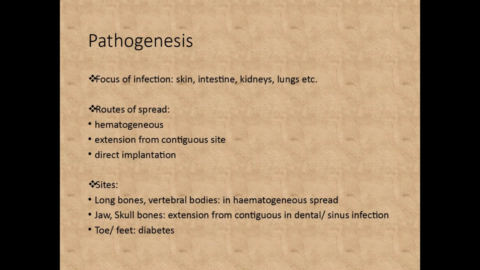From contiguous site, the common bones to be involved are jaw and skull bones due to infections of teeth and infections of paranasal sinus. Bones at sites like toe and feet can undergo osteomyelitis if the patient is diabetic, because in diabetes, foot ulcer is one of the common manifestations.